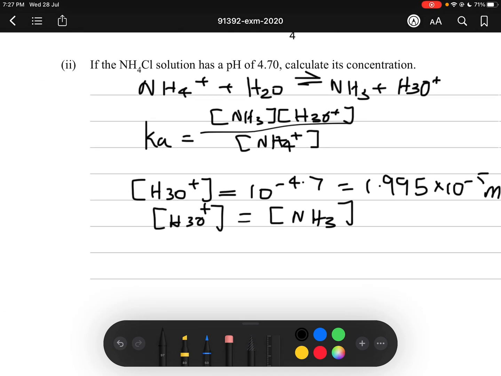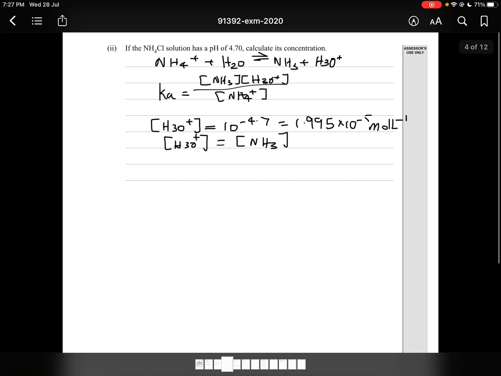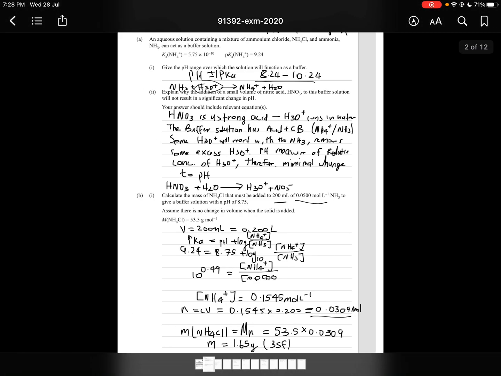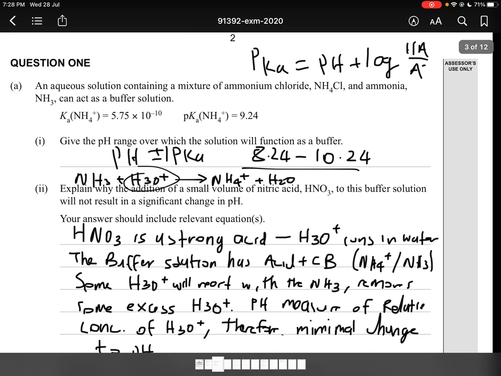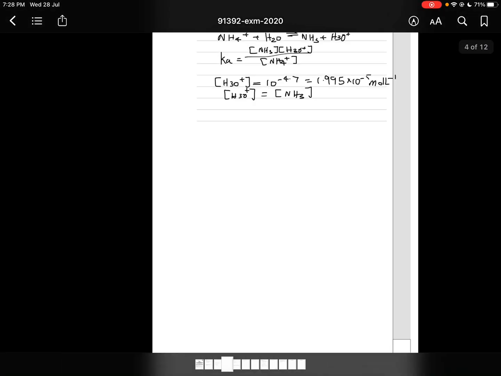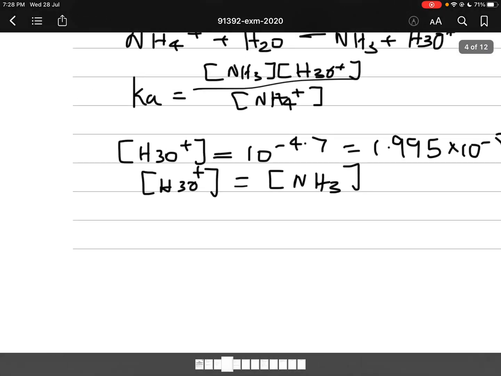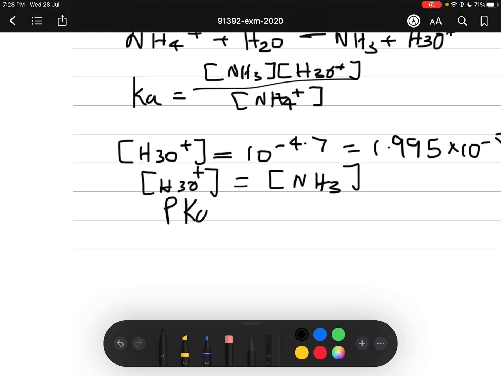And we can simply use this information to calculate our NH4 plus, since we know what our Ka value is. I believe it tells us somewhere. Yeah, pKa of NH4 plus is 9.24. So therefore our Ka is simply 10 to the power of negative 9.24.